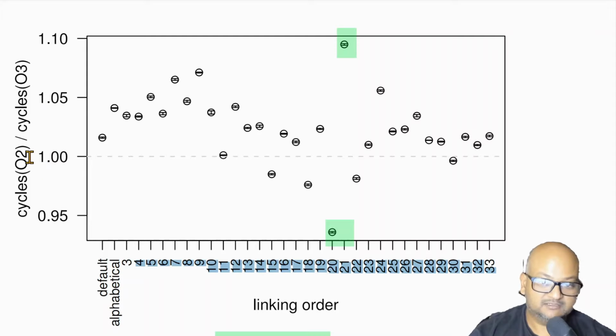So the number of cycles the O2 compiled program takes divided by the number of cycles that the O3 compiled program takes. And as you can see, this is all over the place. Sometimes O2 is faster, sometimes O3 is faster. And notably, you'll see that in one of the random linking orders, O3 is the fastest among all orders. And in another random linking order, O2 is the fastest among all linking orders.